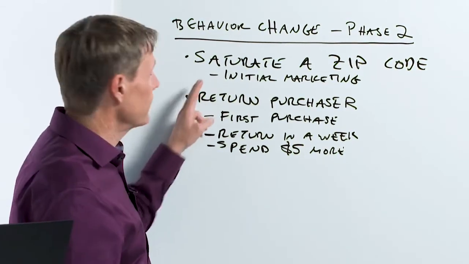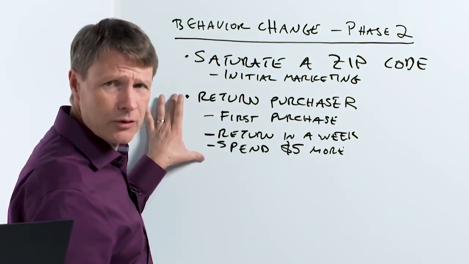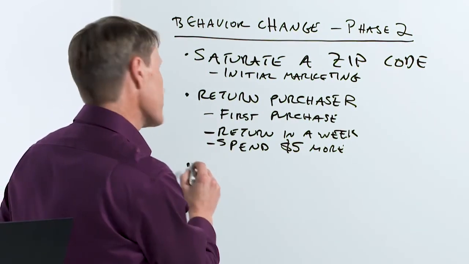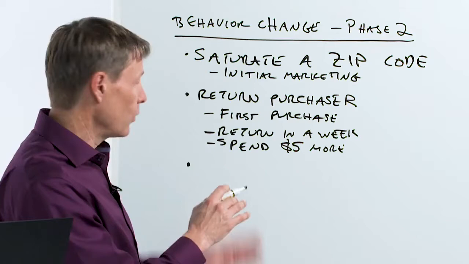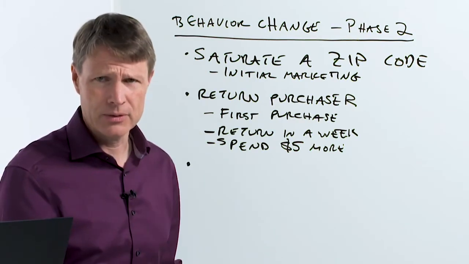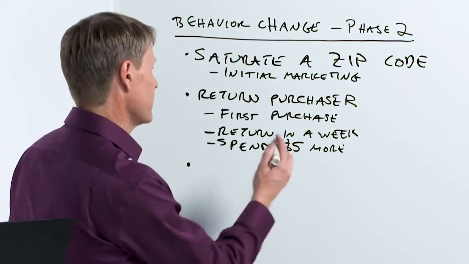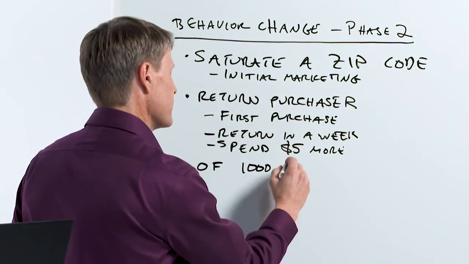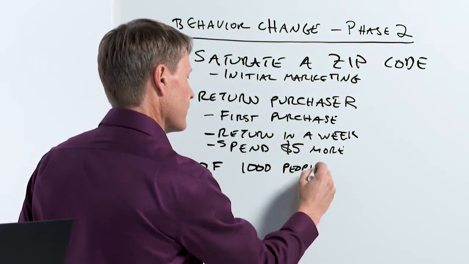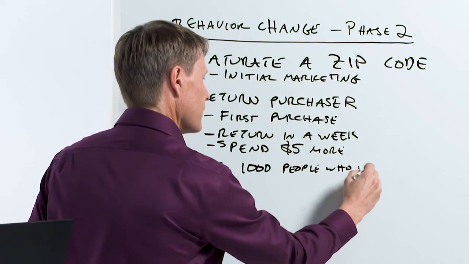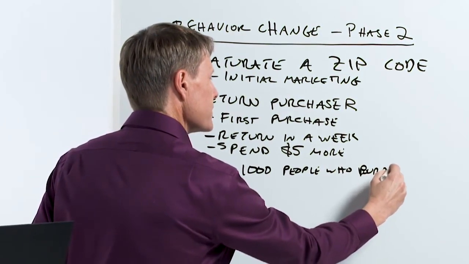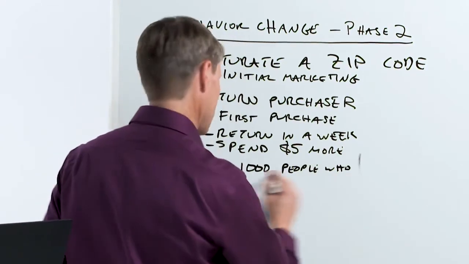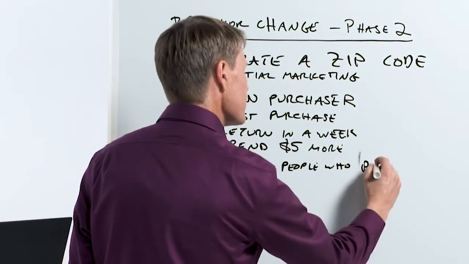So we've got the prep, we've got what's being measured. Now we need to know the scope and scale of this measurement. See, one return purchaser, that's not a very difficult test, but how many? So what they need is, of 1,000 people who purchase, this gives you the scope and scale.